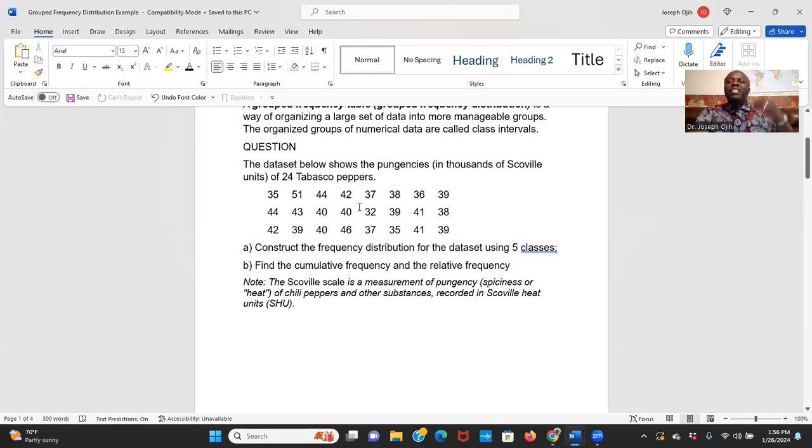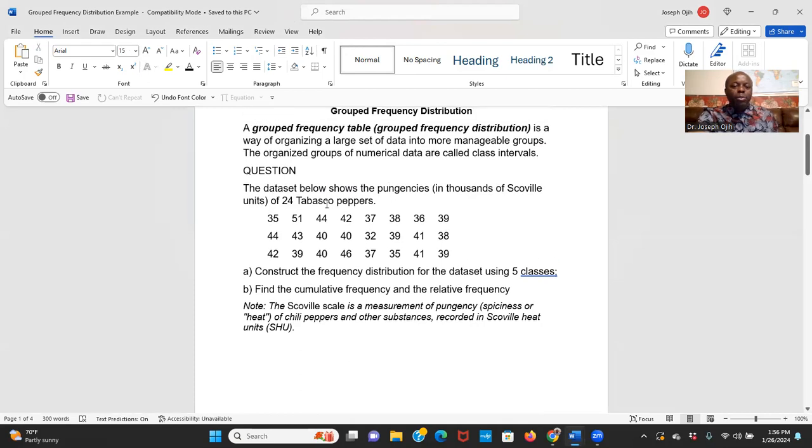Pungent means how spicy, or how much heat the chili peppers have. We measure them in pungencies. Anyway, I think you get the point.